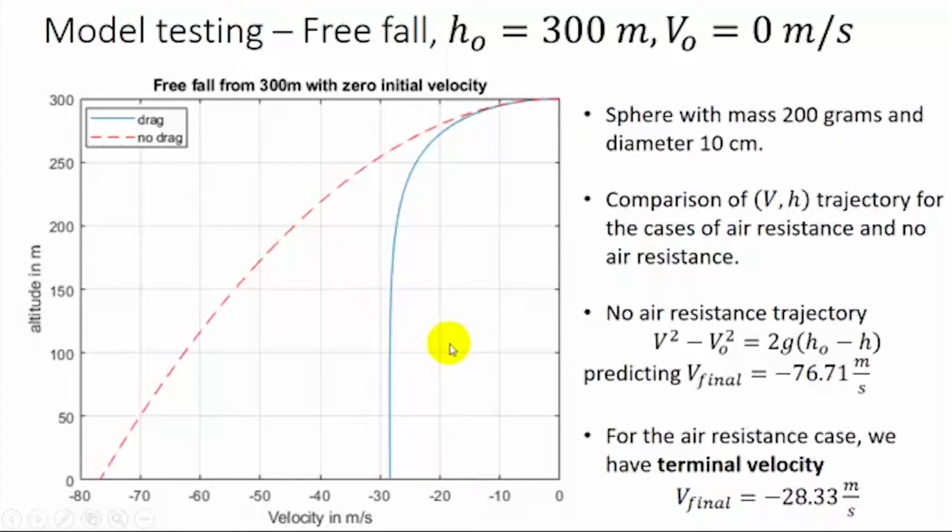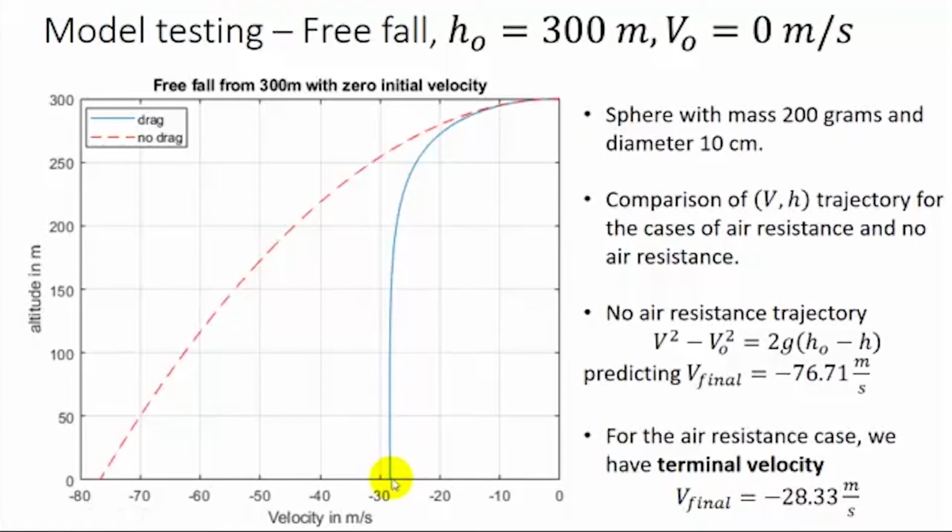It's interesting to notice that for the case of aerodynamic resistance, the ball achieves a terminal velocity, meaning the velocity does not increase further up to a certain time. It becomes constant, pointing downwards until the ball reaches the ground at this point here.